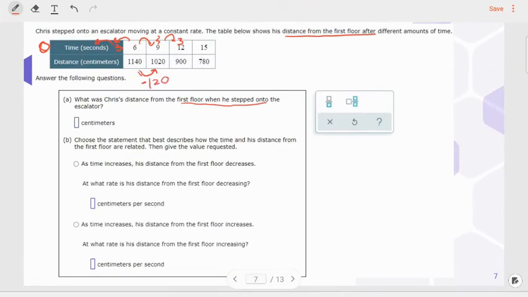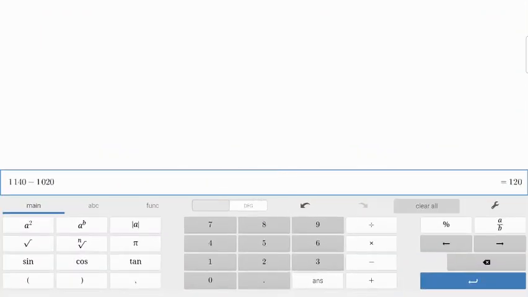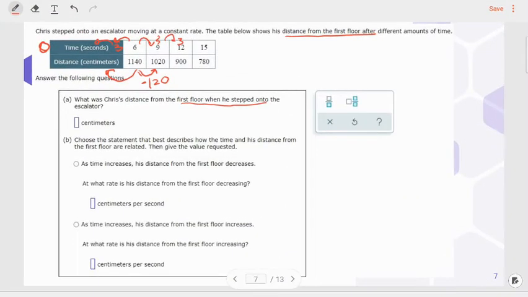So that's decreasing by 120. If I want to go backwards, I'm going to add 120. So 1140 plus 120 is 1260. But that's only after 3 seconds.